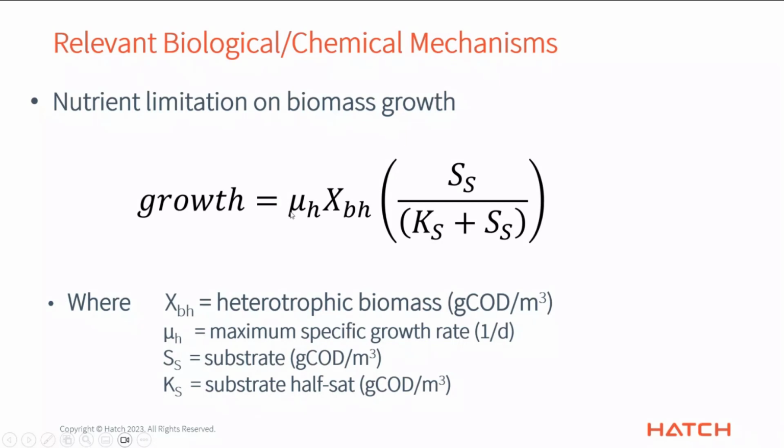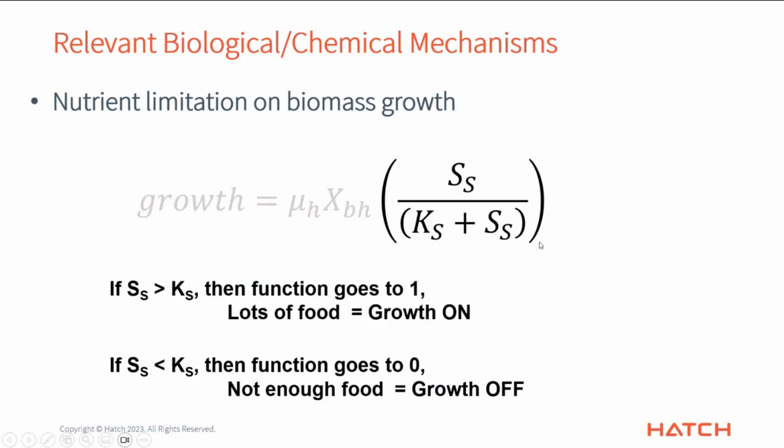You have a growth rate term times the amount of biomass that you have, times one or more of these type switching functions that are there to turn off the growth when something runs out. These are a really elegant and very nice way to implement those wastewater aspects in a very mathematical, easy to solve format.